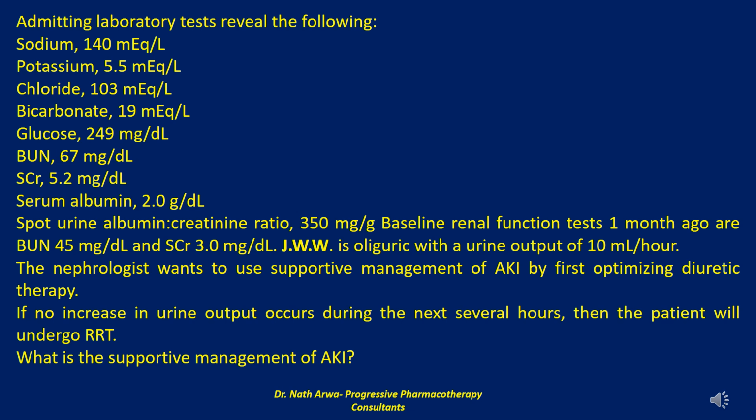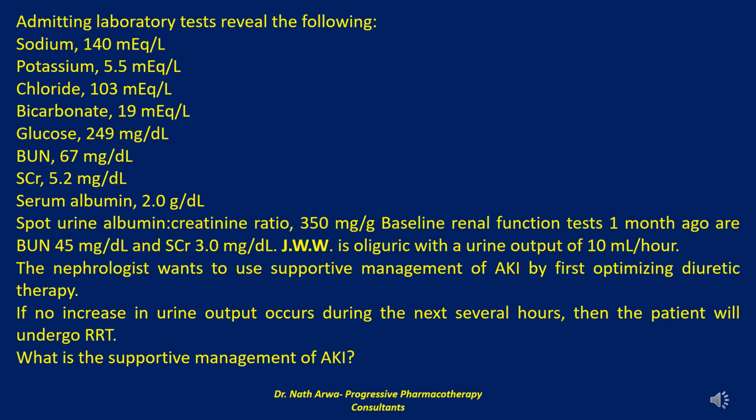Glucose of 249 mg per deciliter. BUN of 67 mg per deciliter. Serum creatinine of 5.2 mg per deciliter. Serum albumin of 2 grams per deciliter. A spot urine albumin to creatinine ratio of 350 mg per gram.